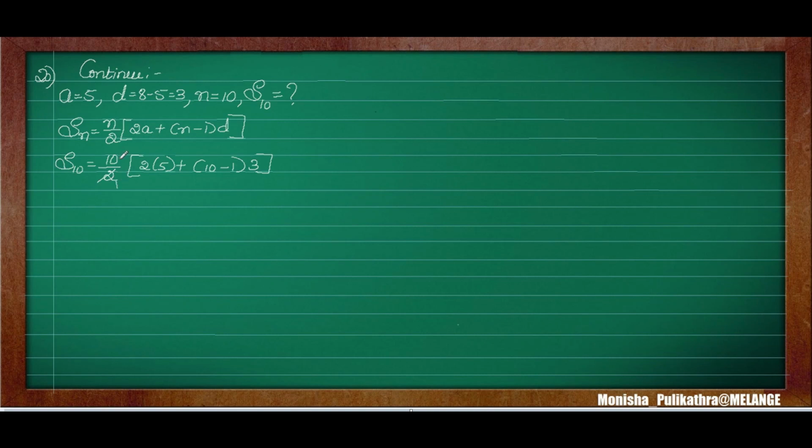Okay, so 2 fives are 10, plus 10 minus 1 is 9 into 3. So this will be 5 into (10 plus 9 threes are 27), so 5 into 37. So S10 will be 5 sevens are 35, 3 carry, 5 threes are 15, 16, 17 and 18. Okay, so this is 185.